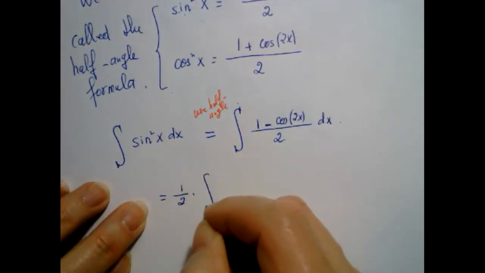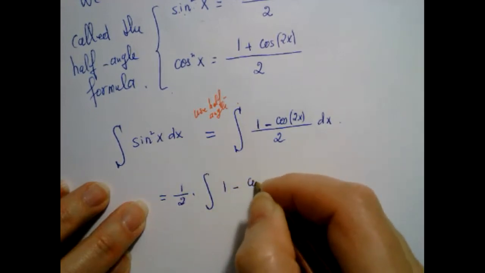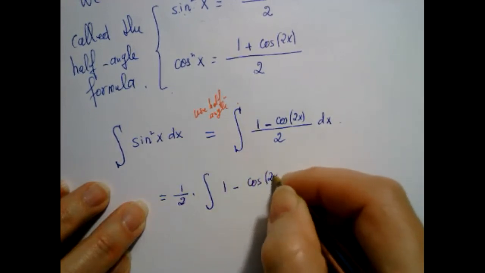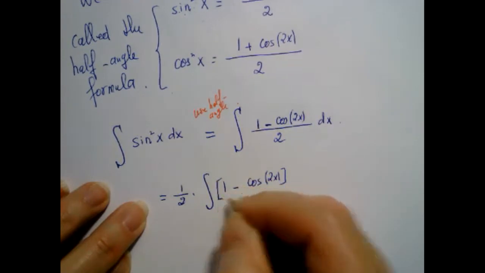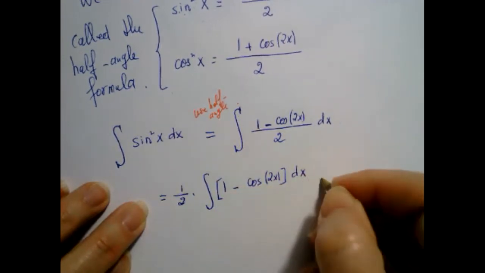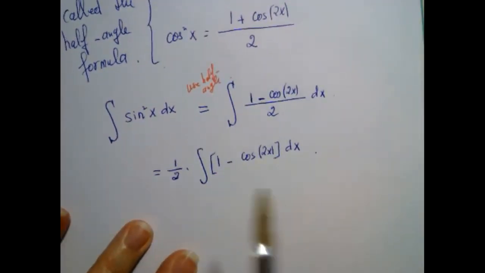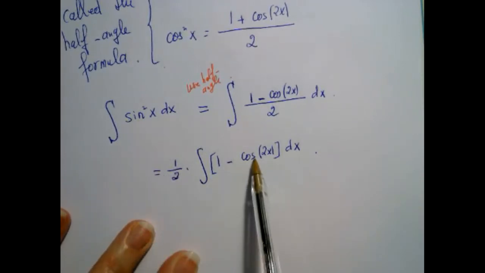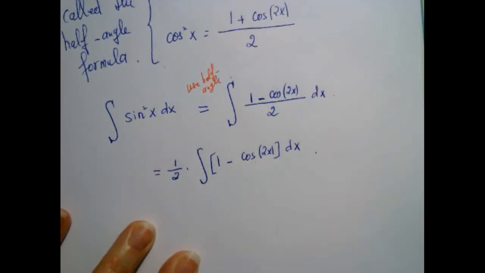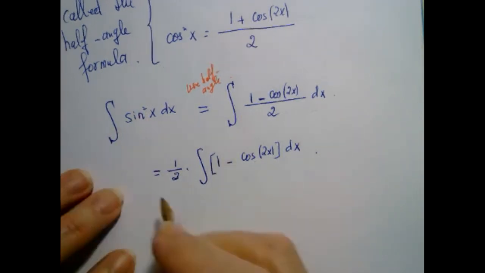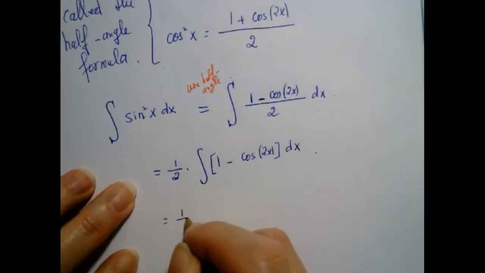And then I will be left with 1 minus cosine 2x dx. Again, the benefit is I don't have a square to deal with anymore. That's the benefit of the half angle formula. It gets rid of this power of the sine. So now I have to evaluate each one of them.